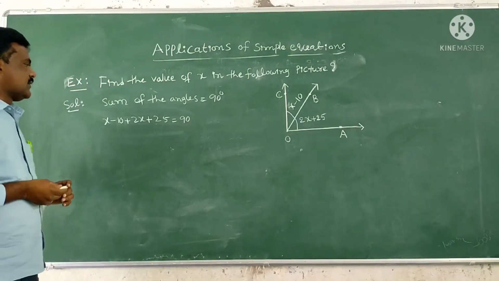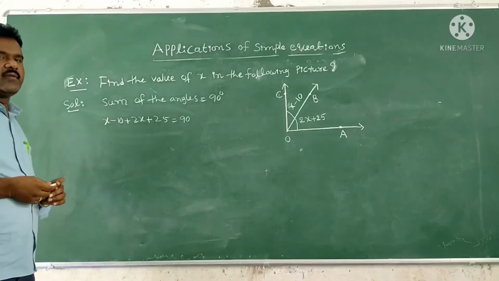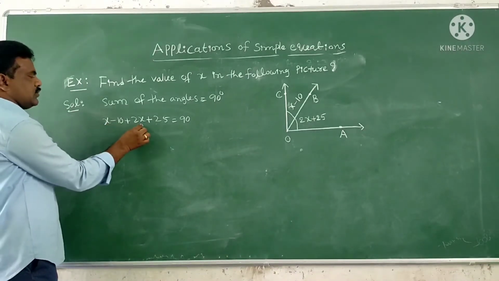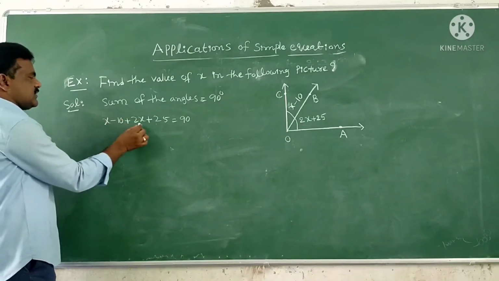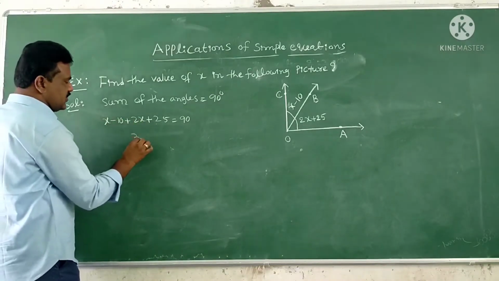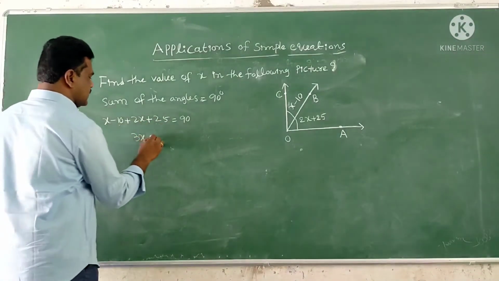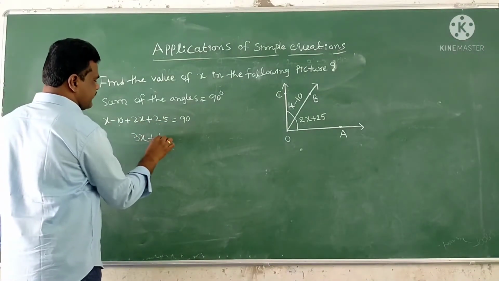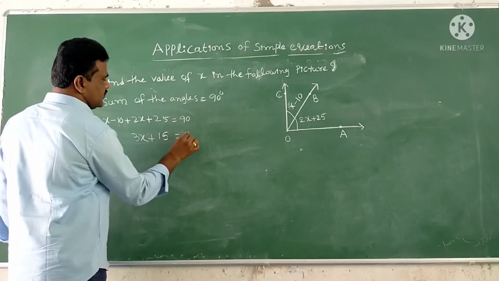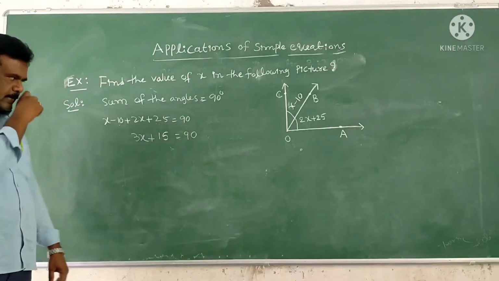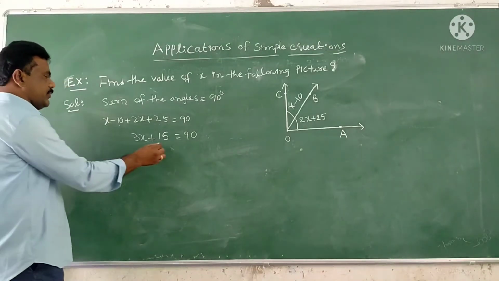Now, adding the like terms. x plus 2x is equal to 3x. Minus 10 plus 25 is plus 15, so 3x plus 15 is equal to 90 degrees.